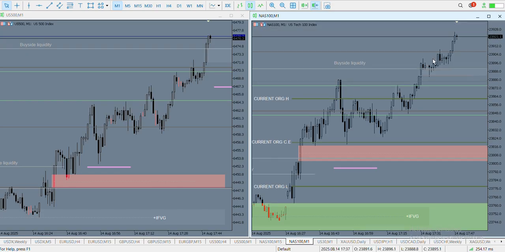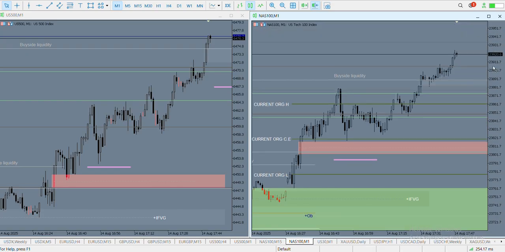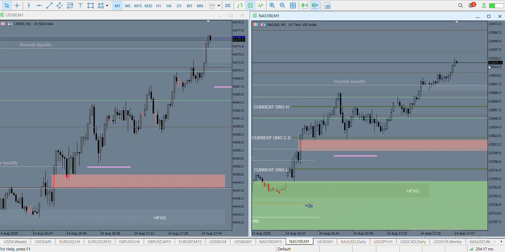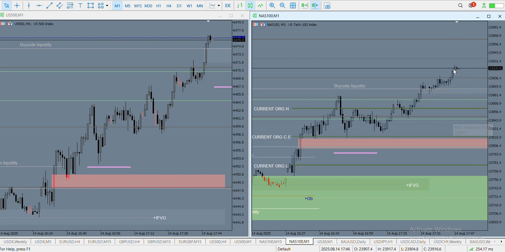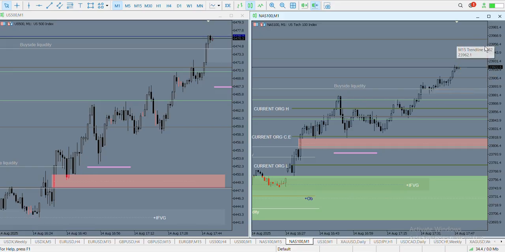So NAS 100, we've gone to the upper portion of yesterday's opening range gap. So we might go through this premium opening range gap, through the whole of that range into this high here, that is 23,934, and maybe get into 23,962.